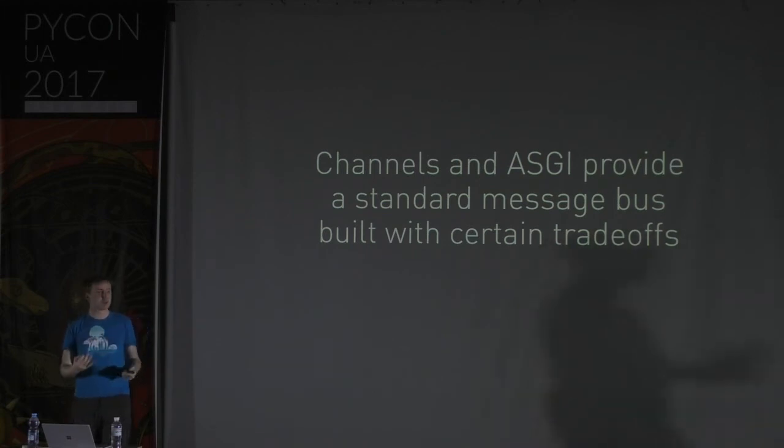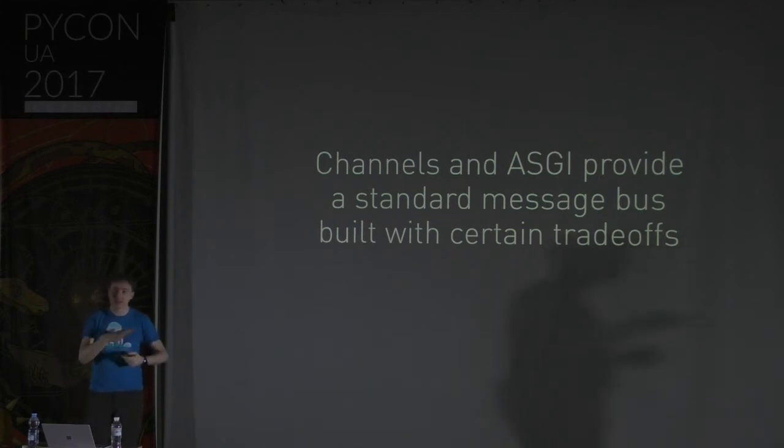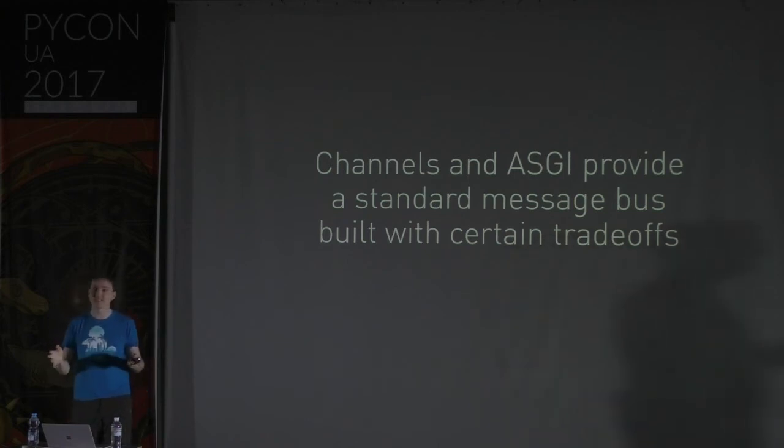What I've tried to do here is make a message bus and a Python interface that captures what I believe is the best set of those trade-offs. You may disagree. No one is the same. But my goal here is to have a solution that, like Django, is good for about 80% of people. Not 100%, about 80%.